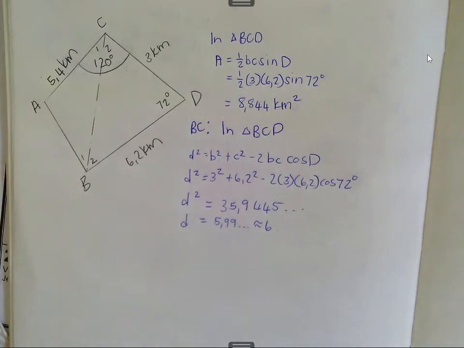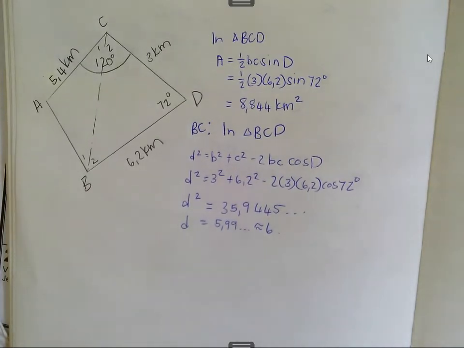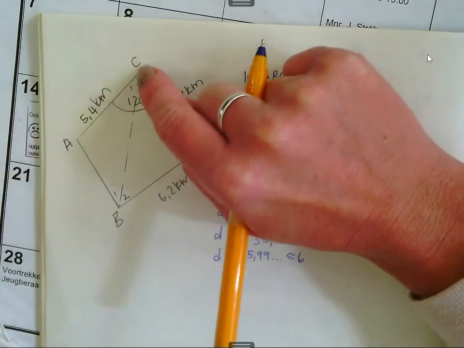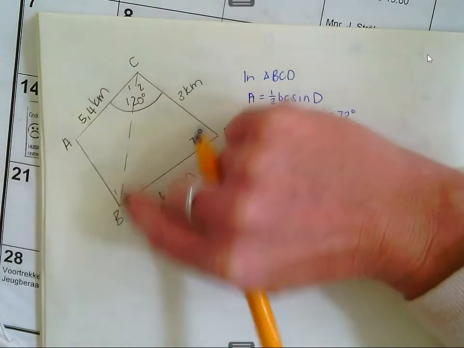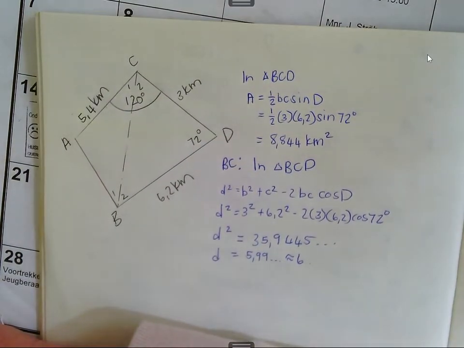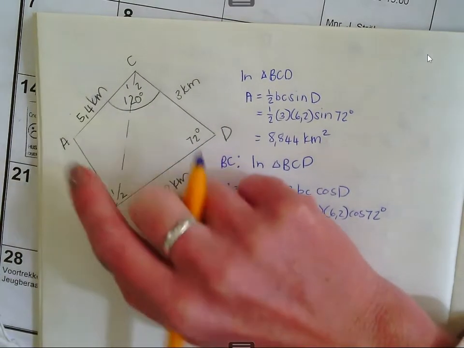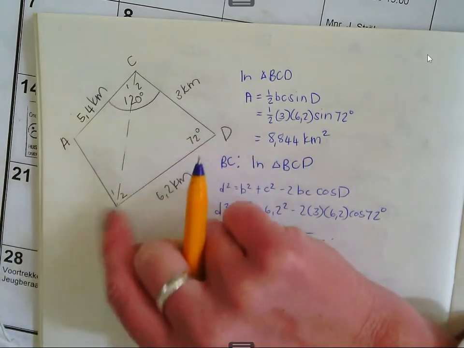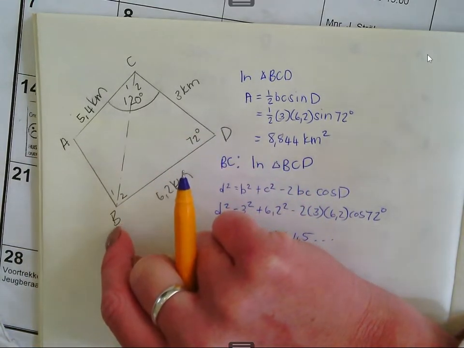Do you all understand that? Yes. Do you know what line I just calculated? Which side? Okay. Now back in triangle ABC, I have two known sides. I know BC is 6, this one is 5,4, but I need something else. Now there's no way for me to find the length of AB. Do you agree with that?